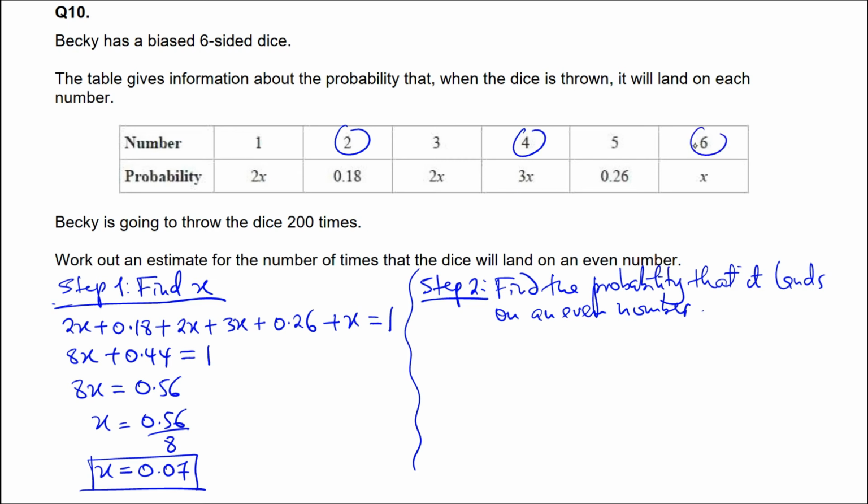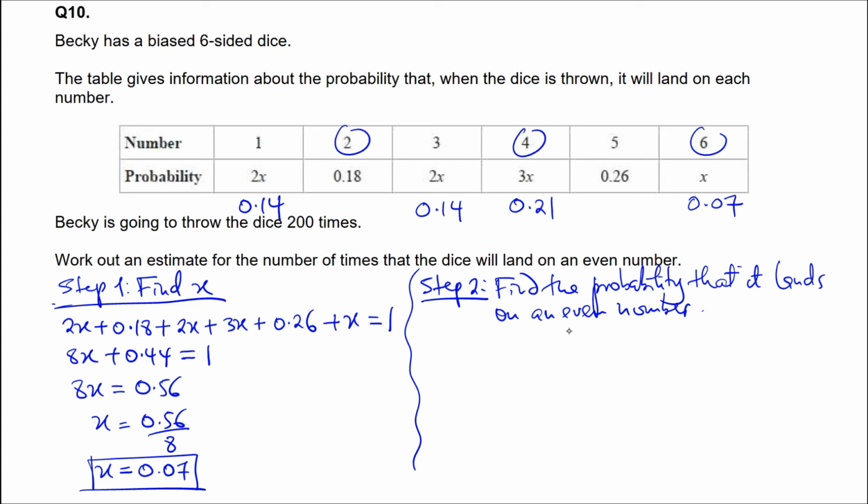Now, because we know what x is, that means that this is 0.07, and 2x will be 0.14. Again, this will be 0.14. 3x, 3 multiplied by 0.07, that will be 0.21. So we know the probabilities of each outcome.